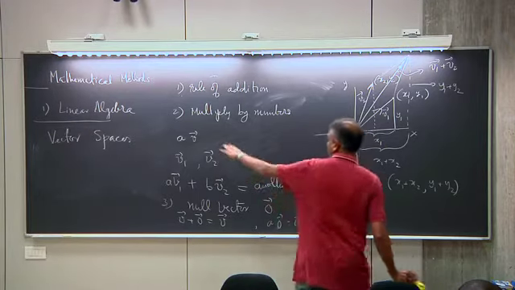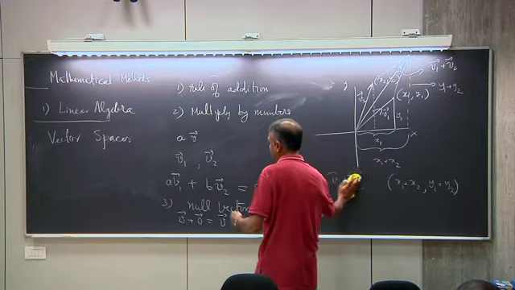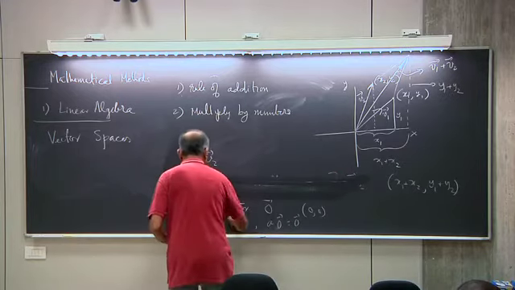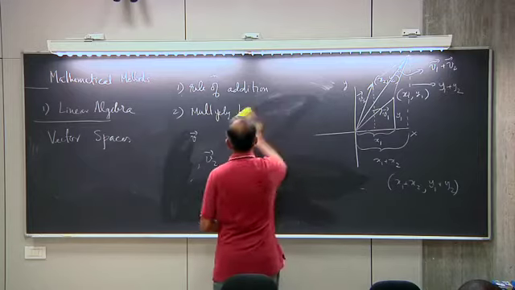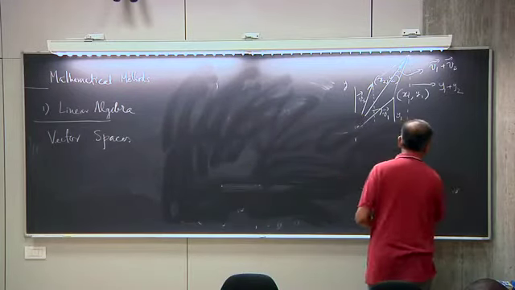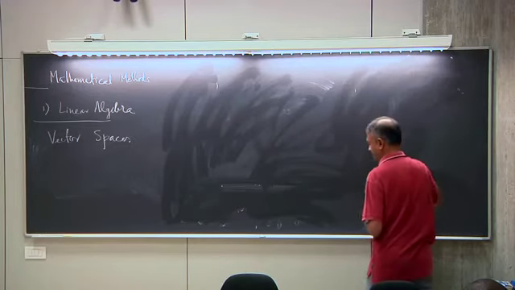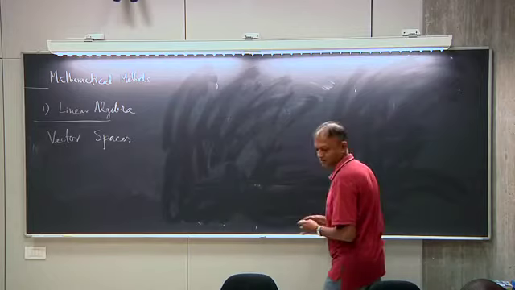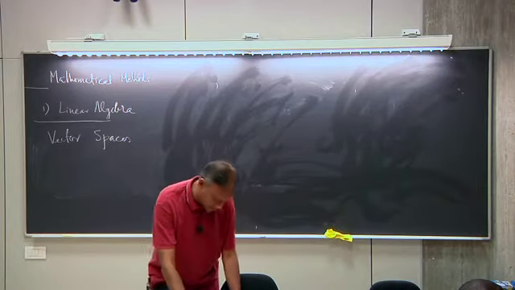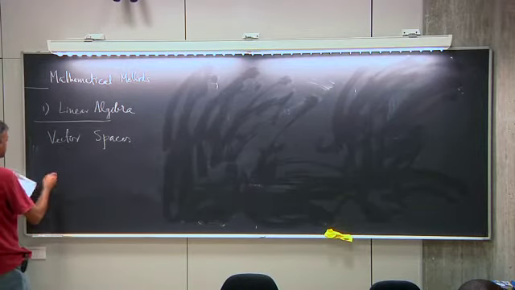So we will now formalize these things, abstract from this the main ideas, and I will make the precise definition of the vector space. First of all, a vector space is a set.